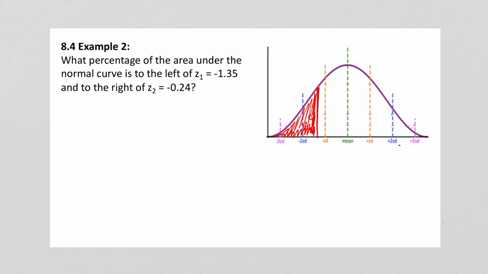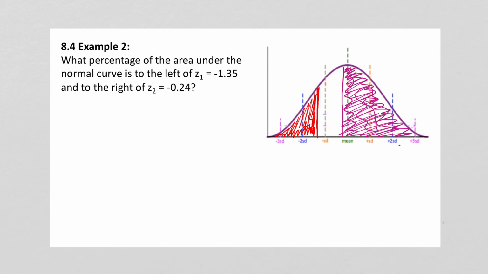Negative 0.24 would be maybe right here, and we want the area from there to the right. We've already got the z-score, so we're going to use those little formulas in Excel to find each of these.